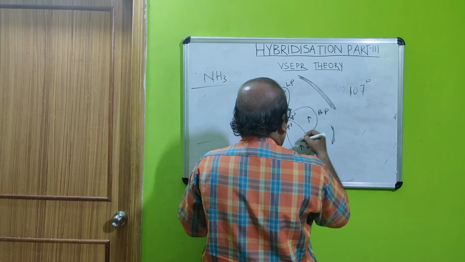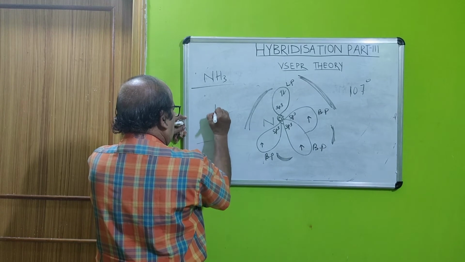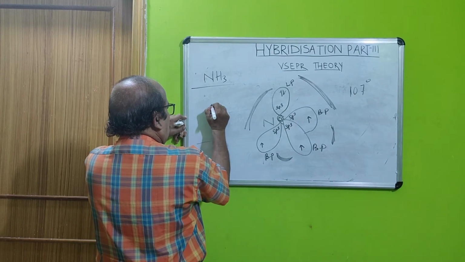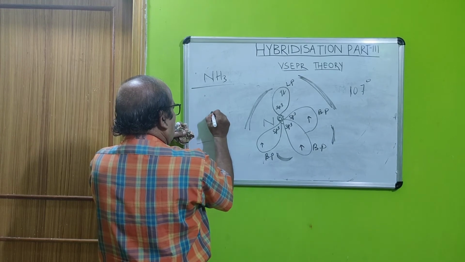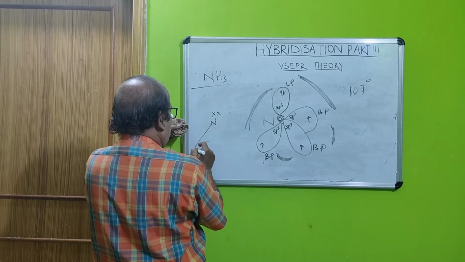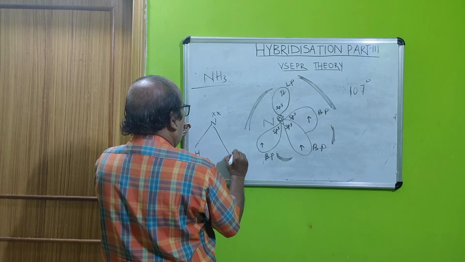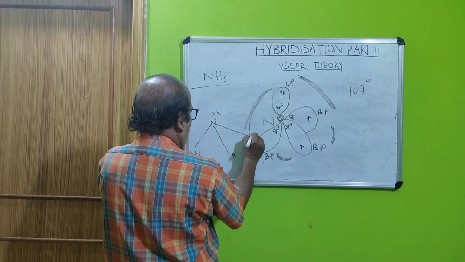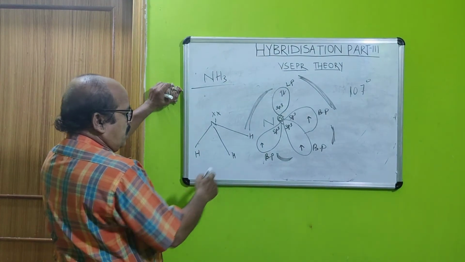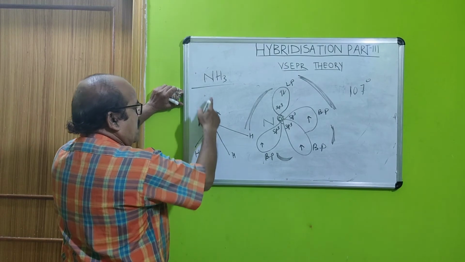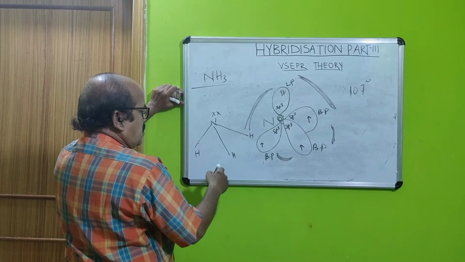And the shape is, this is nitrogen, this is the shape. It is trigonal pyramidal. This is the line structure, this is the orbital structure.